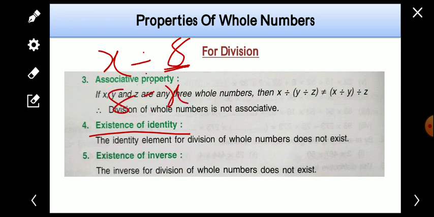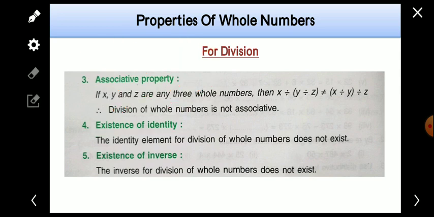In both cases we will get different answers. So identity does not remain the same. If the identity remains, it means whichever number we take, after the operation we get the same number, then we can say that number is the identity.